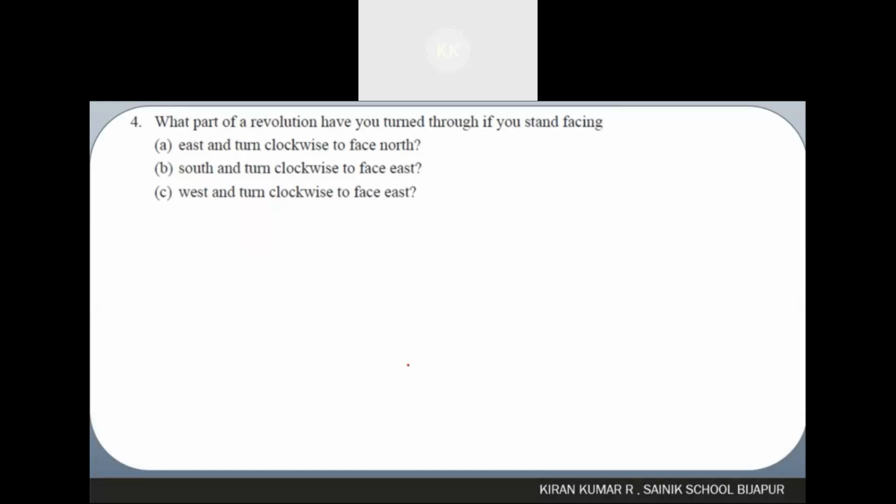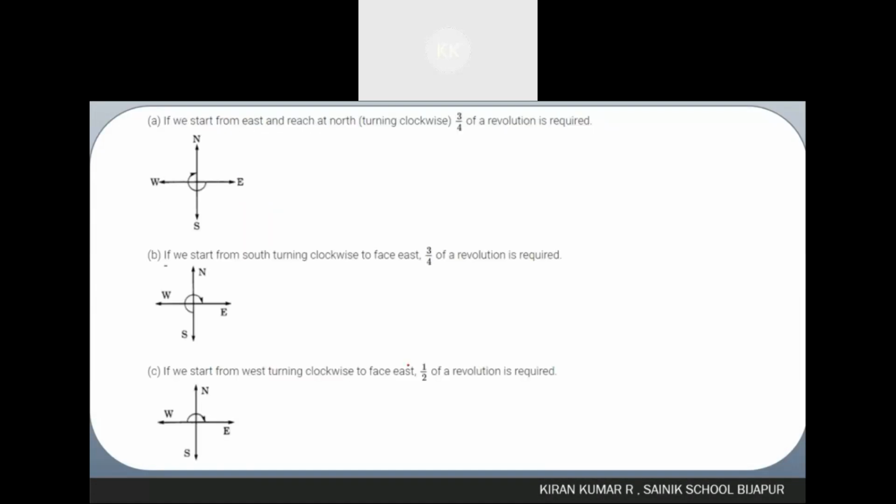Starting from south, turn clockwise to face east. Starting from west, turn clockwise to east. Look at these figures now.